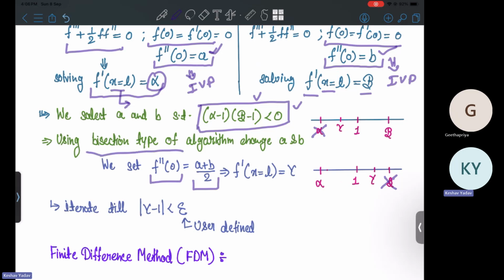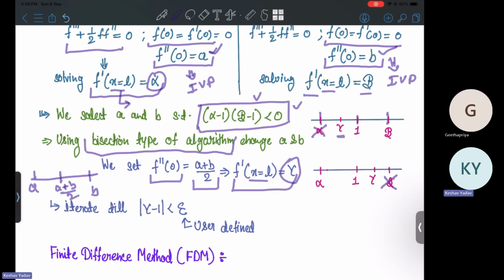Means some bisection type of algorithm we will apply. We have made some guess a, we have made some guess b. Now we will take its average, (a plus b) by 2, and solve and evaluate f prime at x equal to L. That will lead to some gamma. Now here we have 1, here we have alpha, here we have beta.